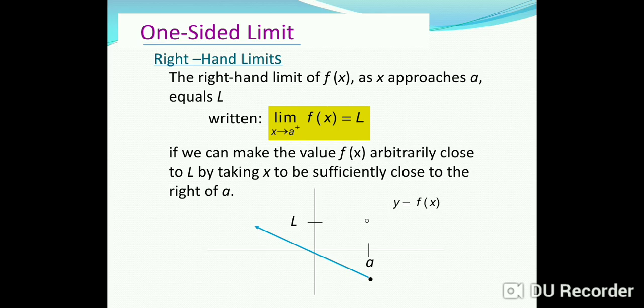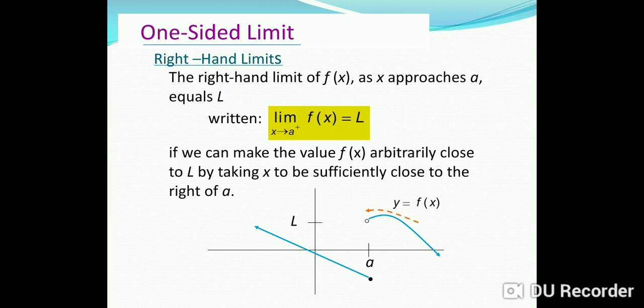The definition of the right hand limit: the right hand limit of f(x) as x approaches a equals L, which is written as limit of f(x) as x tends to a plus is equal to L, if we can make the value f(x) arbitrarily close to L by taking x to be sufficiently close to the right of a, as shown below by the figures.